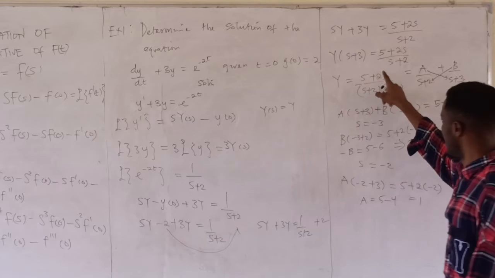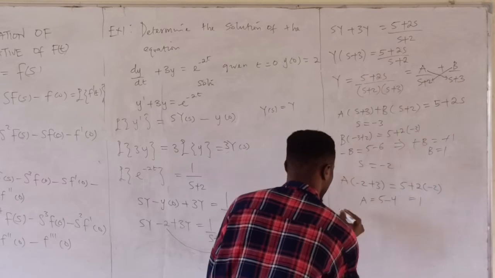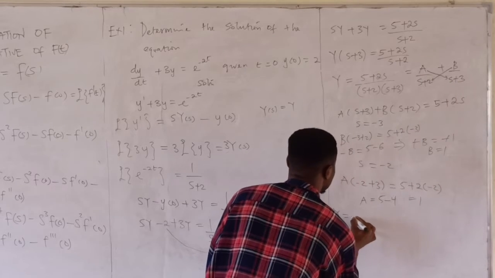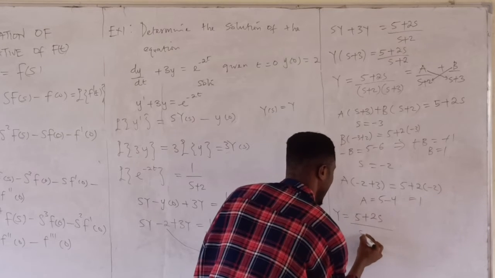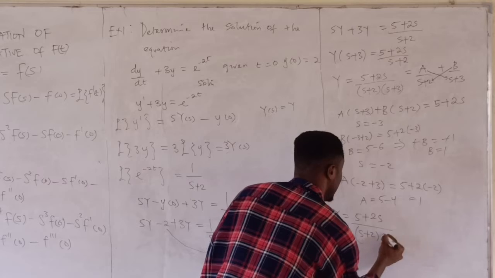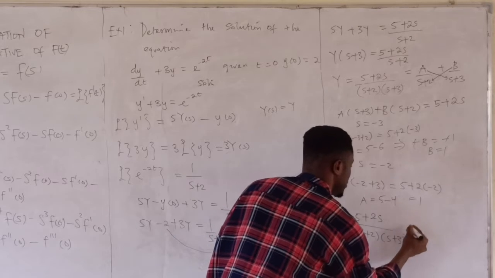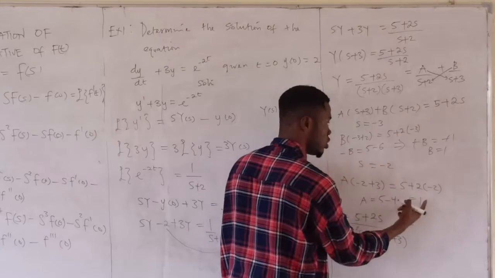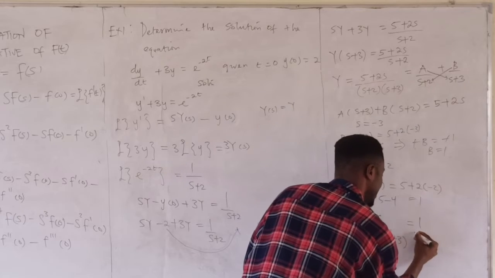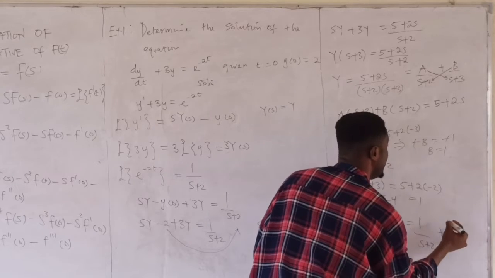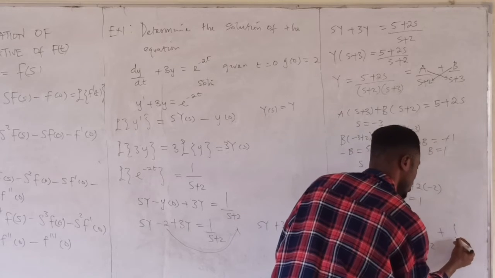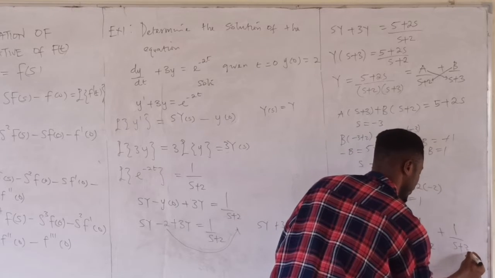That is to say that y, which was equal to 5 plus 2s divided by s plus 2 and s plus 3, is now equal to a, which is 1, divided by s plus 2, plus b, which is 1 as well, divided by s plus 3.